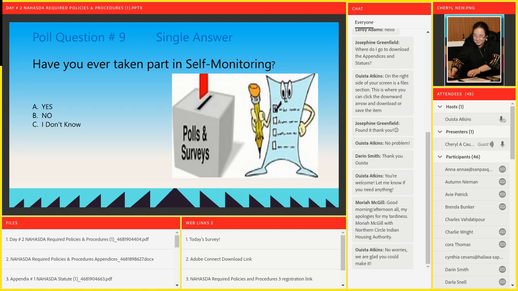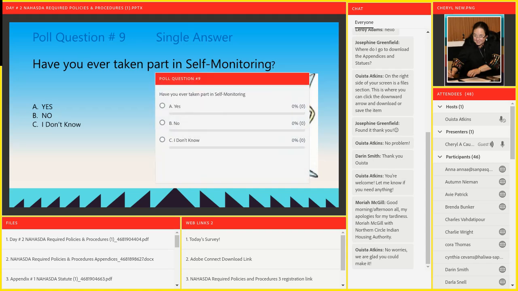So, how many of you have ever taken part in the self-monitoring for your organization?